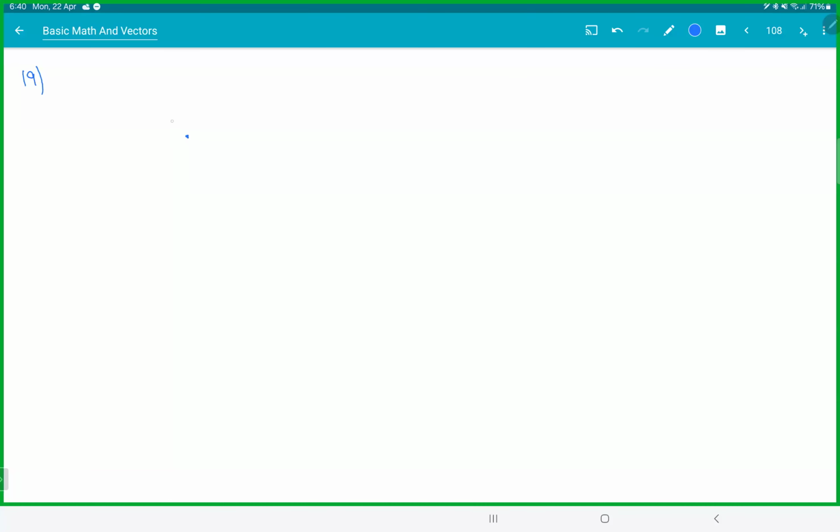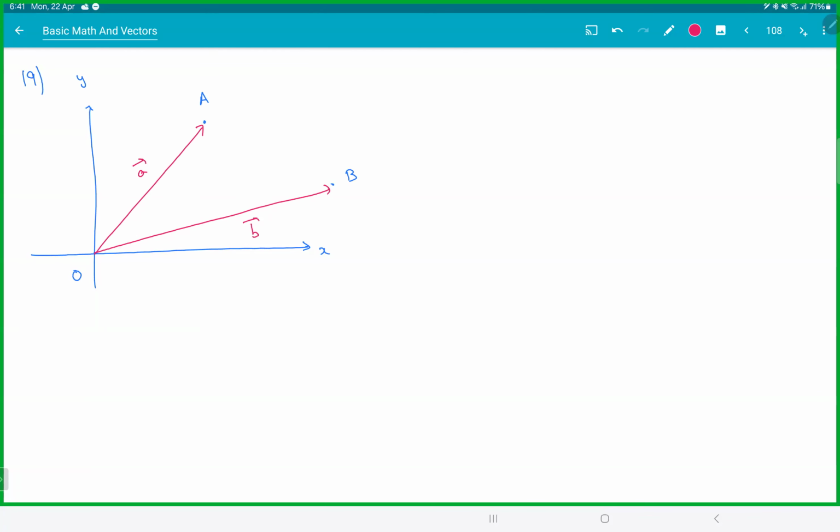Let's say we have a point A here. X-axis, Y-axis. We have a point A here. We have a point B here. This is your origin. This is vector A bar. This is vector B bar. A bar and B bar are given. Now, when you join A and B, somewhere in the middle there is a point C. So C divides in the ratio of m is to n.